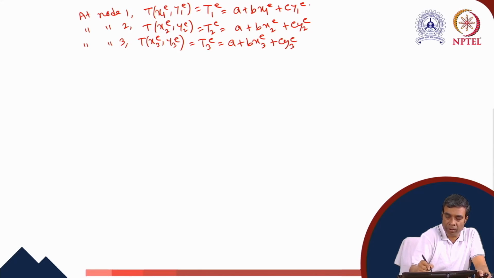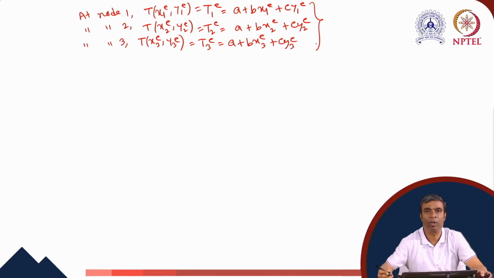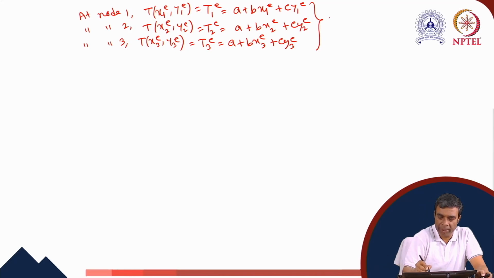So we get a system of 3 simultaneous or coupled algebraic equations with A, B and C as the unknown quantities.